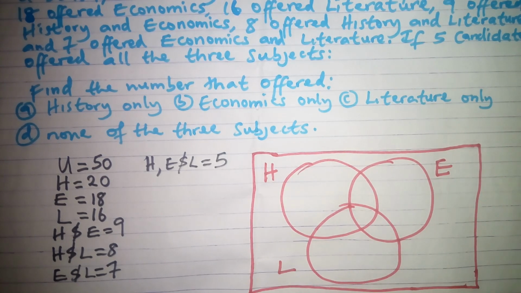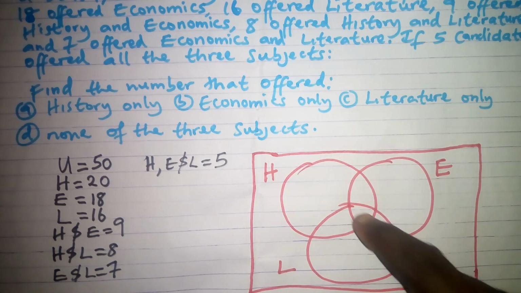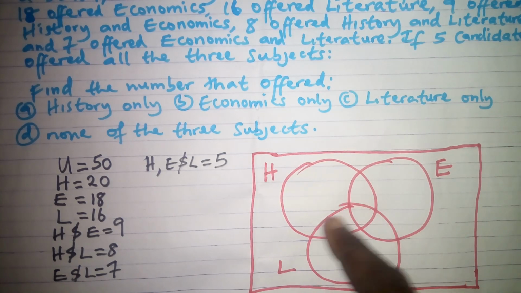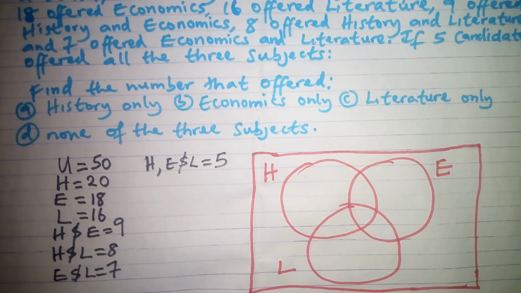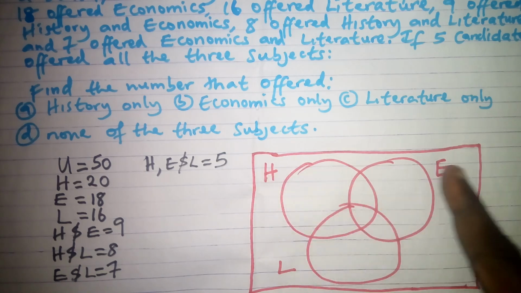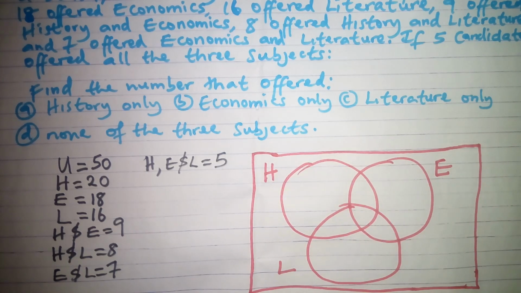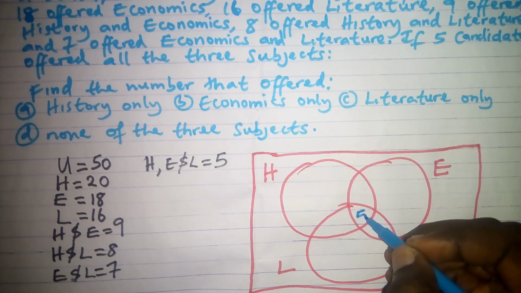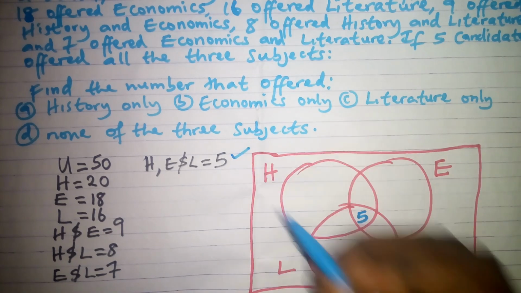And to get the question right and not make any mistakes, you have to start from the center, from the number that offered the 3 of them, which is 5. So 5 offered history, economics, and literature. So I'm fixing 5 in the center there. So this is done already.